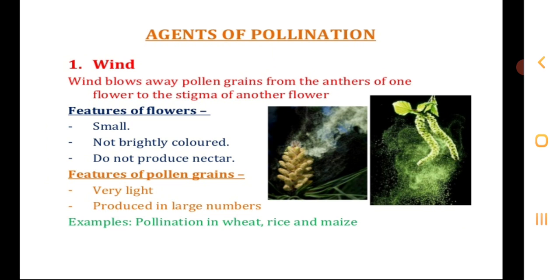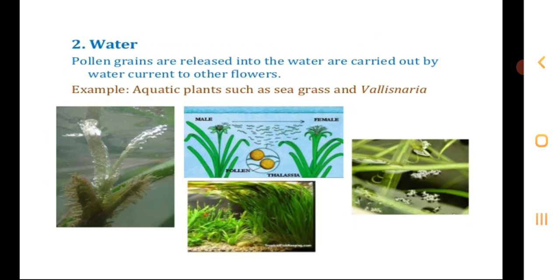This type of pollination by wind is seen in wheat, rice, and maize. Water: pollen grains released into the water are carried by water currents to other flowers. Examples of these pollinations are seagrass and Vallisneria.